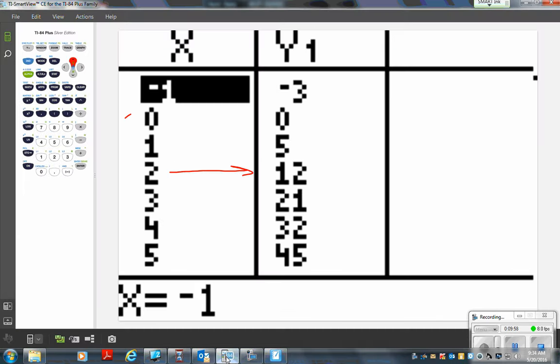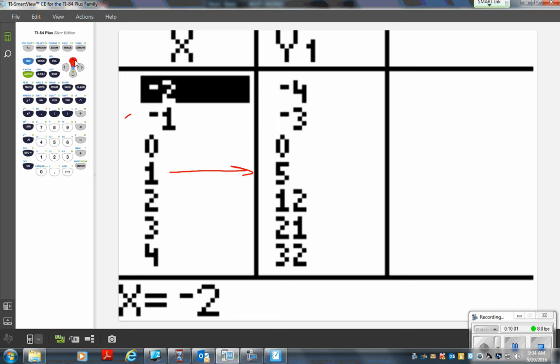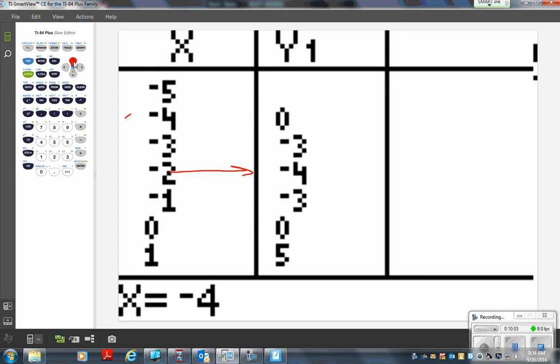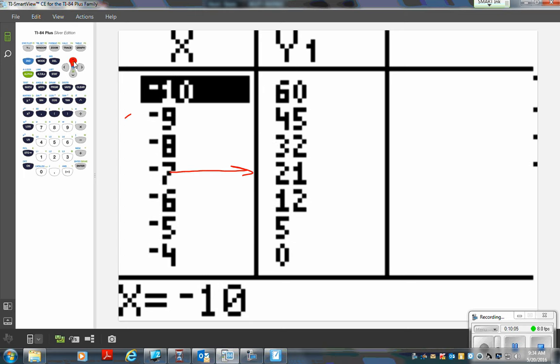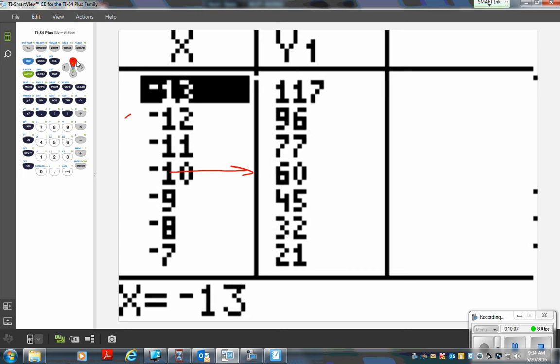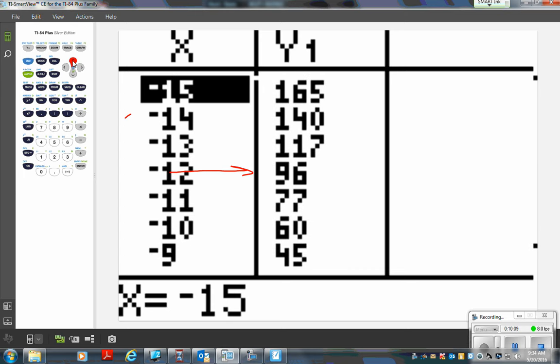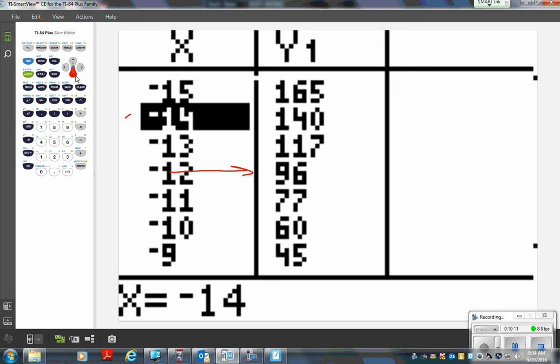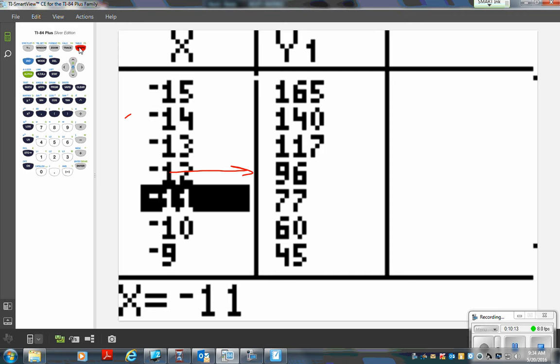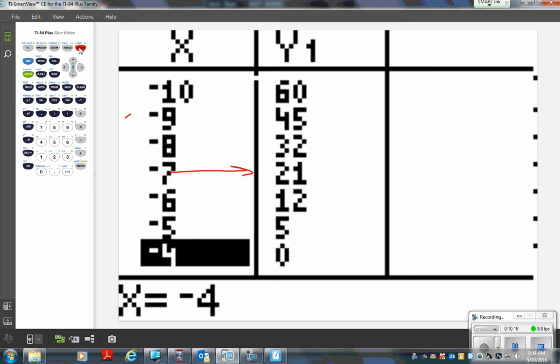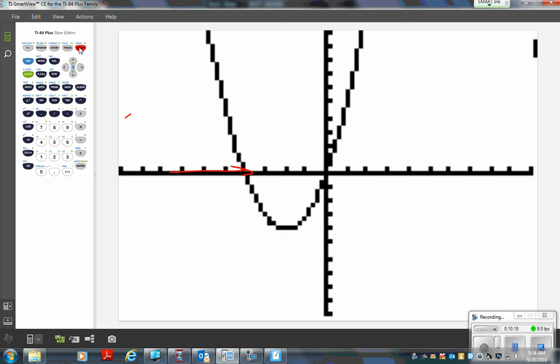All right, now usually there's supposed to be 2 answers. Let's see if we can find the next one. All right, doesn't look like it's going to be over here. So we'll check it out in the graph right there.